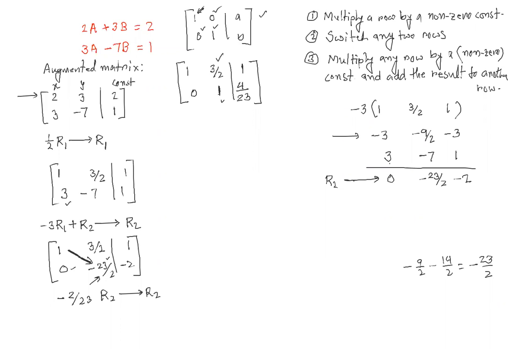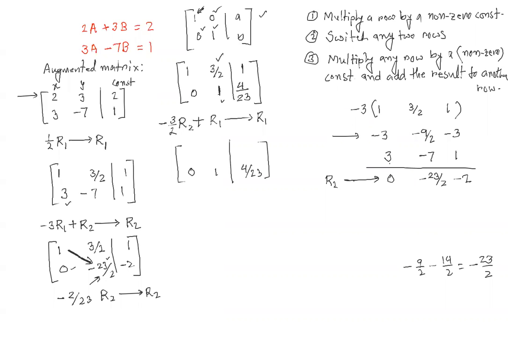Take row number 2, multiply it by -3/2, and add that result to row 1, and this becomes your new row 1. So row 2 doesn't change, keep in mind. It is 0, 1, 4/23. It stays as it is, only row 1 changes.